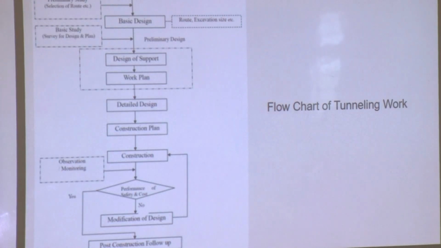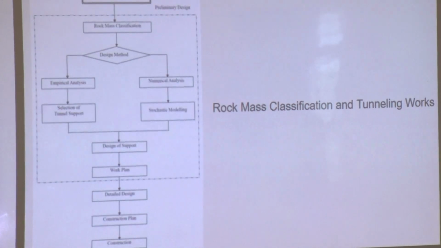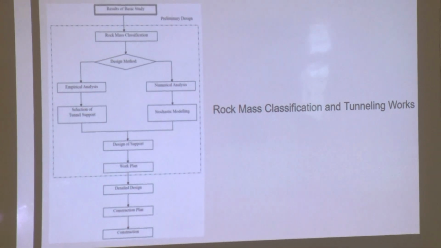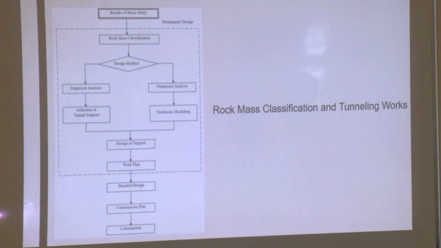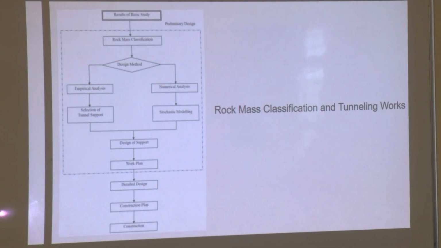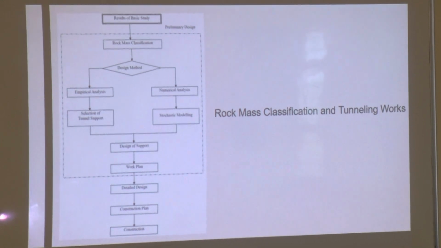This is basically the process I am talking about. This kind of flowchart we need to take care of. In detail, we have to test in different kinds of systems. Nowadays, due to the development of numerical methods, you can also implement numerical methods with the rock classification system, whether it can collaborate well or not.